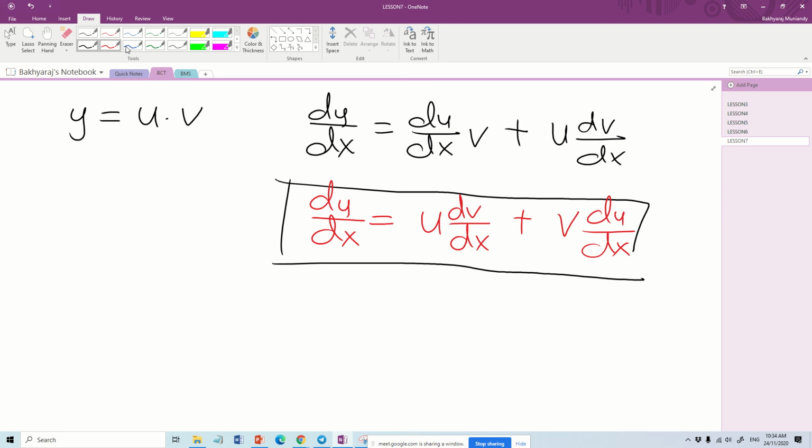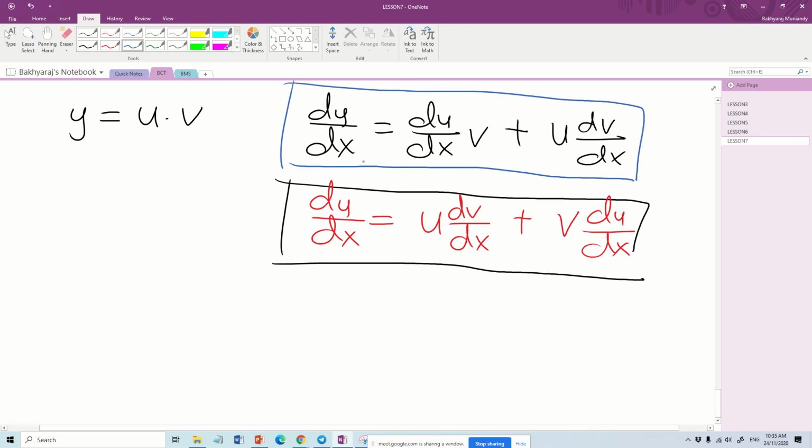Tapi formula saya bagi ni lain sikit, dan saya letak terbalik sikit. Benda yang sama, tapi I prefer formula macam ni is give you more advantage, bagi you lebih advantage sikit when you do quotient. When the product and the quotient nampak lebih kurang sama, you boleh ingat lah. That's why I prefer the number 1.